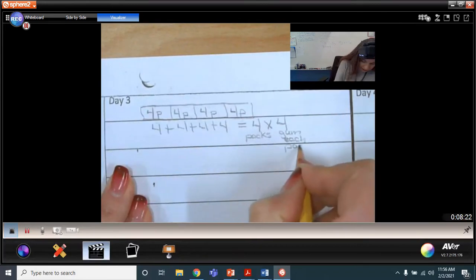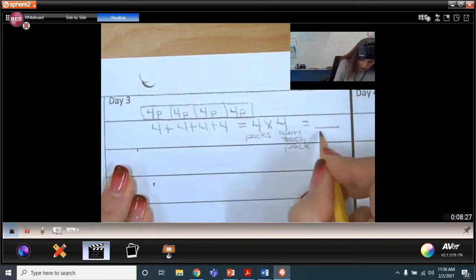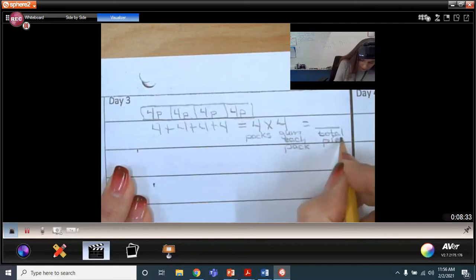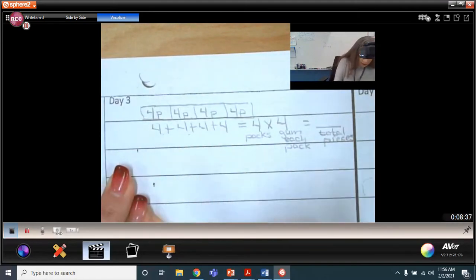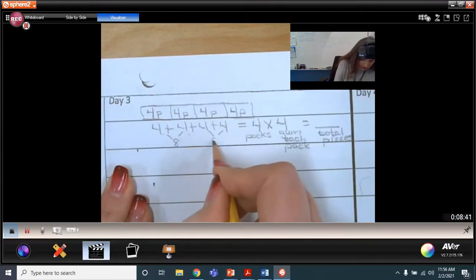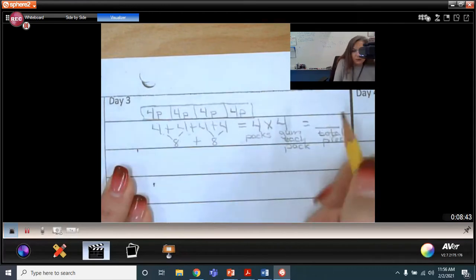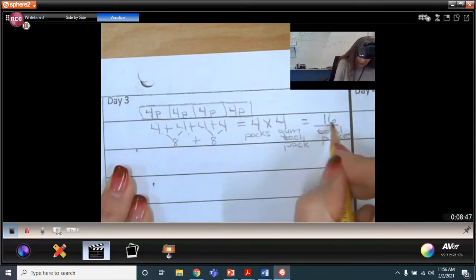And again, I'm looking for what is my product? It's going to be all the gum, total pieces, right? So if I add 4 and 4, that makes 8, and this 4 and 4 makes 8. And now I have 2 groups of 8, and 8 and 8 is 16.